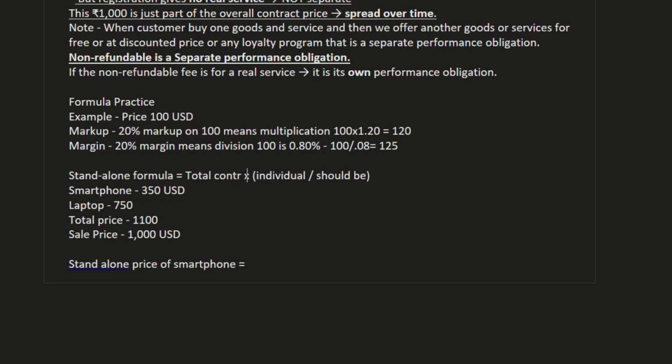So total contract price is 1000. 1000 multiplied by the individual price of a smartphone, 350, divided by the should-be total, meaning the total normal price without considering the final price.